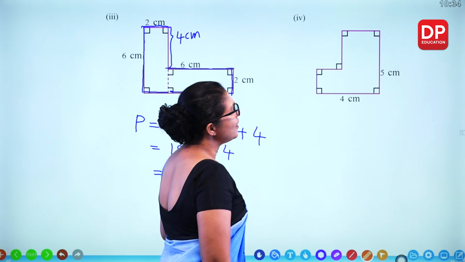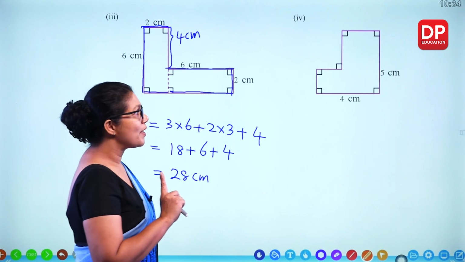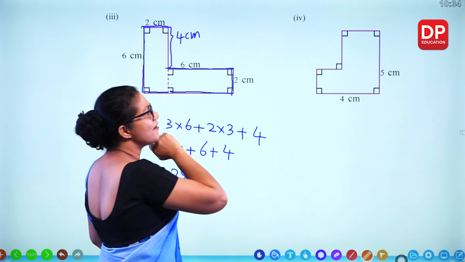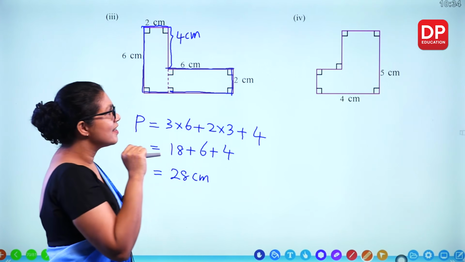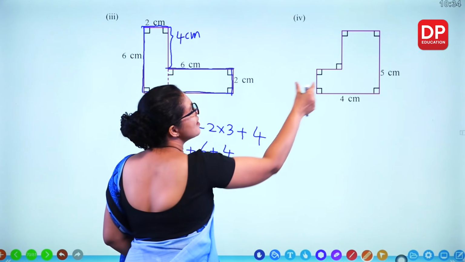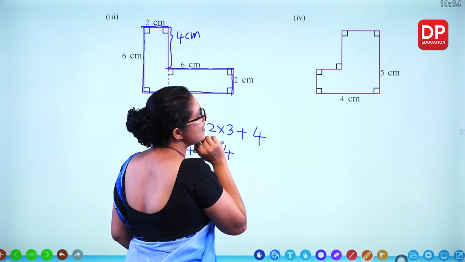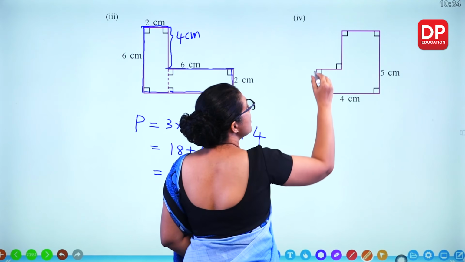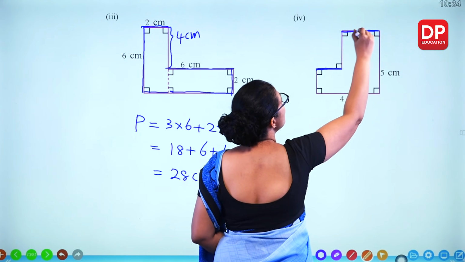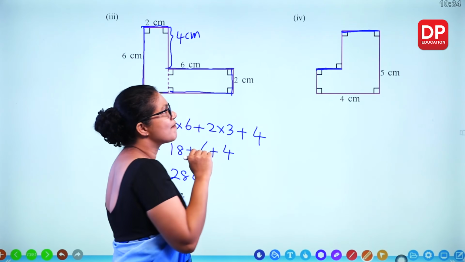Now look at this one. This is a good question. You have given this side 4, this one 5. So this is a rectangle and another rectangle. We don't know the lengths. Okay. Think about this one. This length and this length, when you add, what do you get?